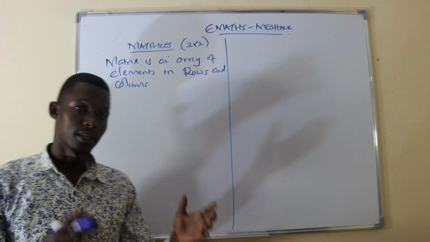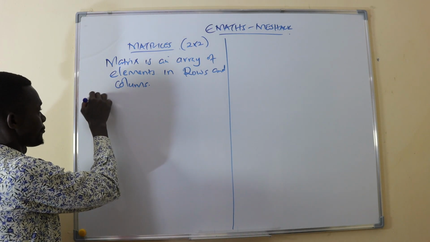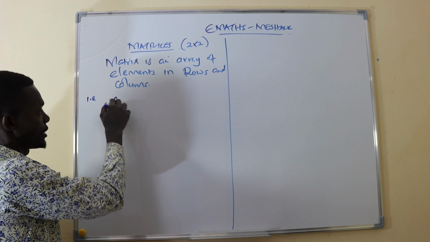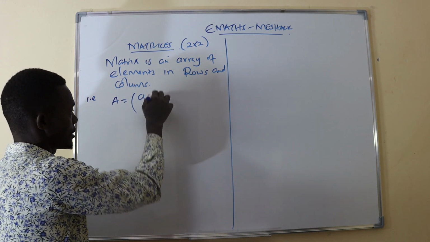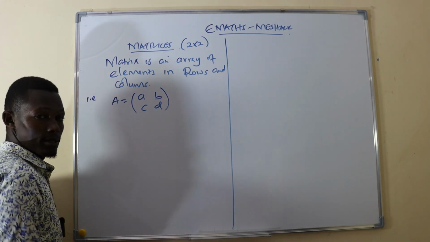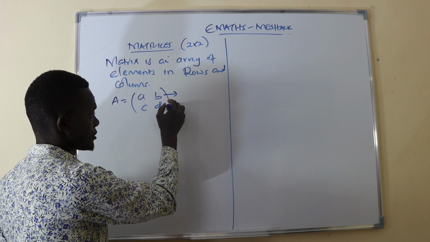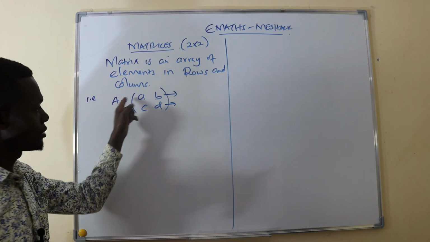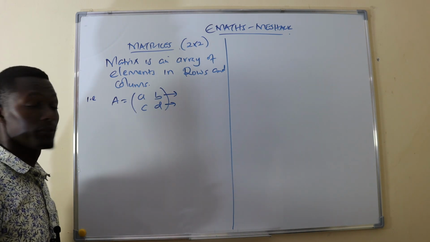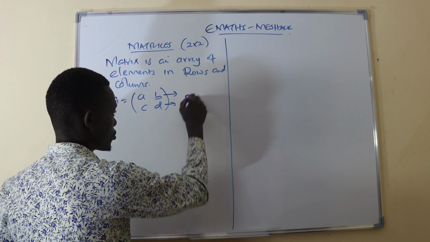By the end of the day, they're just bracketed. So for instance, if you have A, B, C, and D, then the elements that have been arranged horizontally, A and B, and then C and D, are called rows.